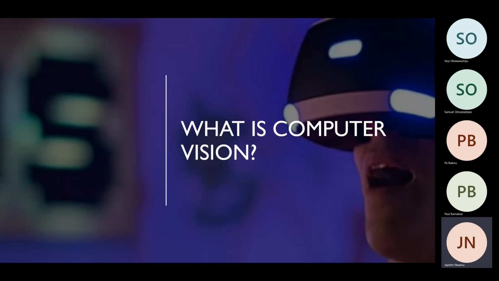Now, the aspect of technology which focuses on this same thing, which tries to replicate our sight organ, is called computer vision. So computer vision has to do with machines being able to replicate the way humans' sight works.